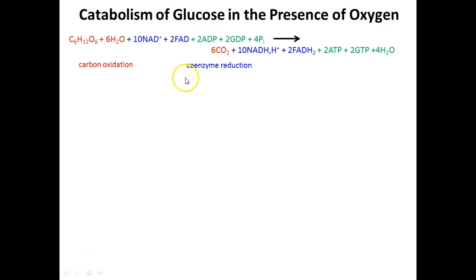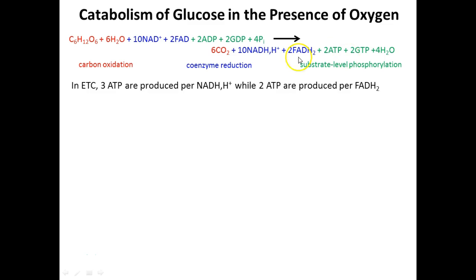That's an oxidation-reduction reaction. On the flip side, as I said, we're generating some energy right at that enzymatic level. In the electron transport chain, 3 ATPs are produced per NADH, because remember we said 3 pumps of hydrogen ions across per carrier. As opposed to FADH2, that one only does 2 pumps, so you only get 2 ATPs.